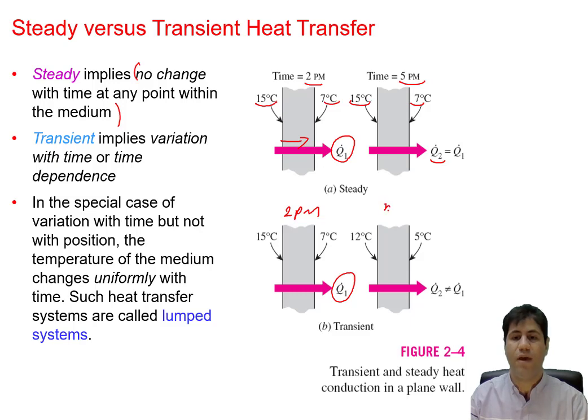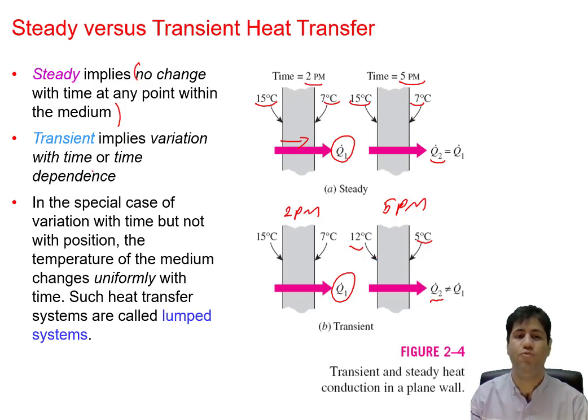At 5 p.m., the temperature of this surface has reduced to 12 degrees Celsius, and the temperature of this surface has reduced to 5 degrees Celsius. So it means Q dot 2, the heat transfer at this time, is not equal to Q dot 1, the heat transfer at 2 p.m., due to the change in the temperature of these two surfaces with time. So in this case, we have transient heat transfer.